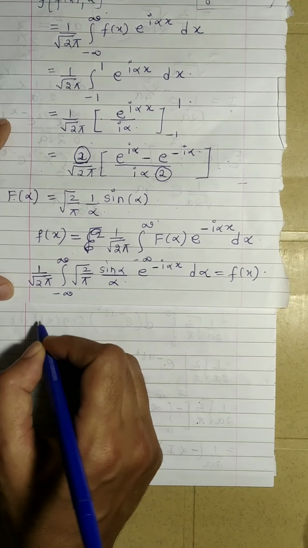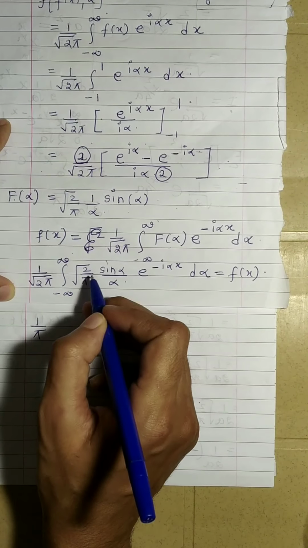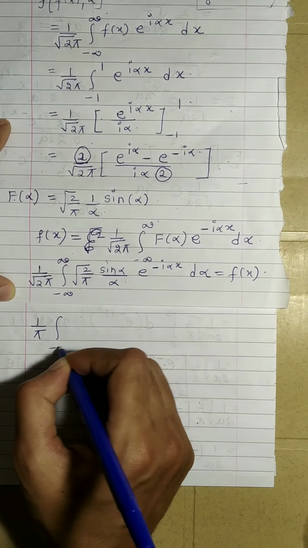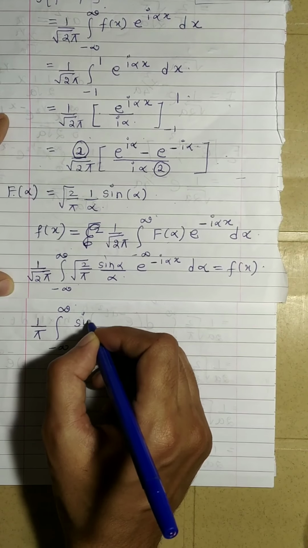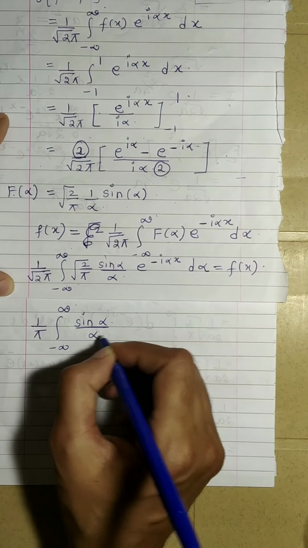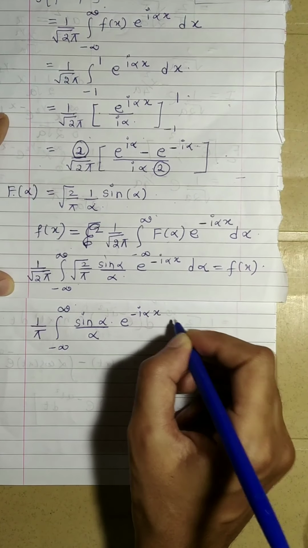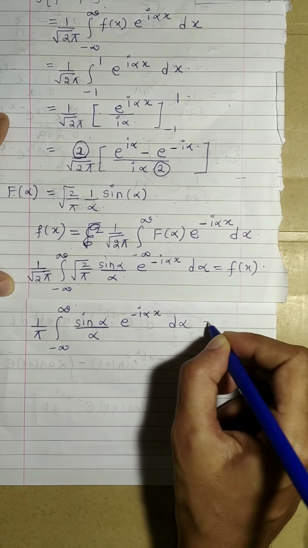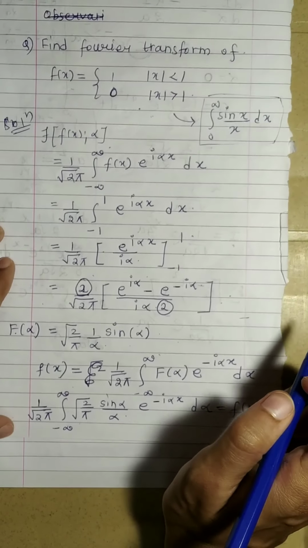So this is 1 upon pi, root 2 will get cancelled, integral from minus infinity to infinity sine alpha upon alpha into e raised to minus I alpha x d alpha equal to f of x, which is defined by this.